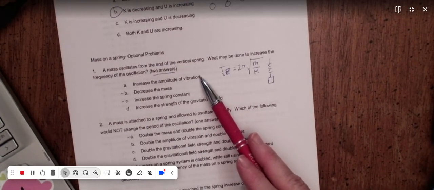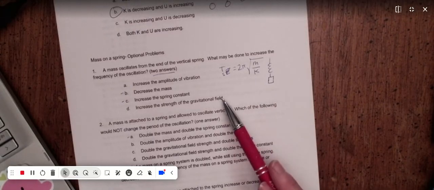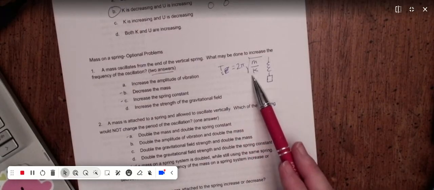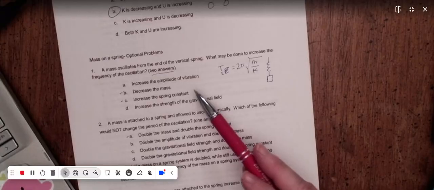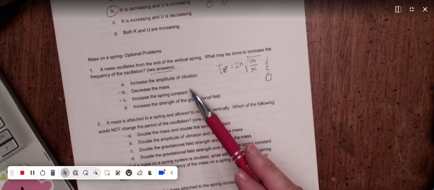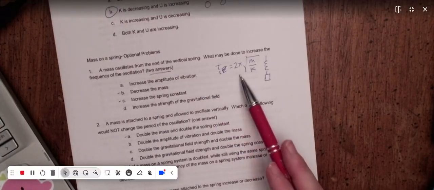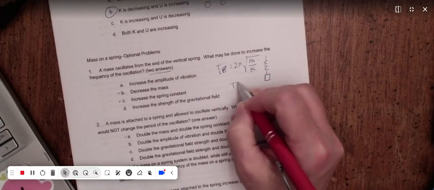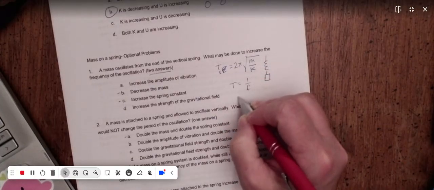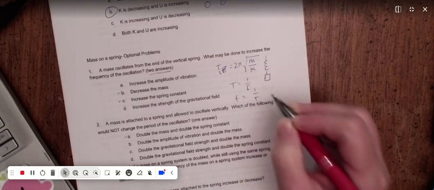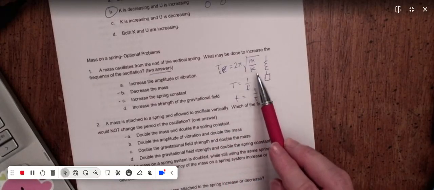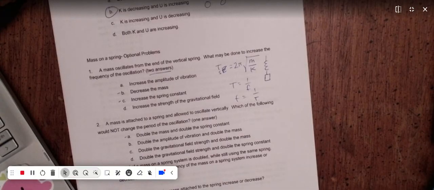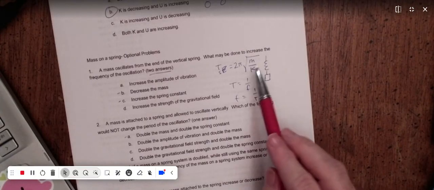Amplitude is not included in this equation, nor is gravitational field strength. So we know the answer is going to have to do with mass and spring constant. If I flip this to get frequency, because period is 1 over frequency, frequency is 1 over period, then I've got, this will be flipped.